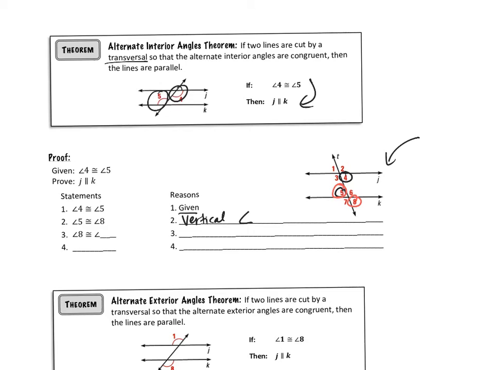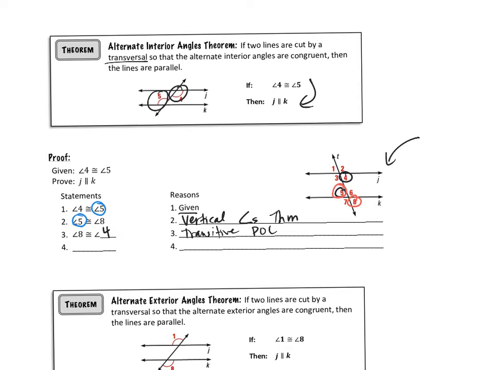So that is the vertical angles theorem. And then, based on the transitive property of congruence, I can say that angle 8 is congruent to angle 4 because angle 8 is congruent to angle 5 and angle 4 is also congruent to angle 5. So I can fill in 4 here.